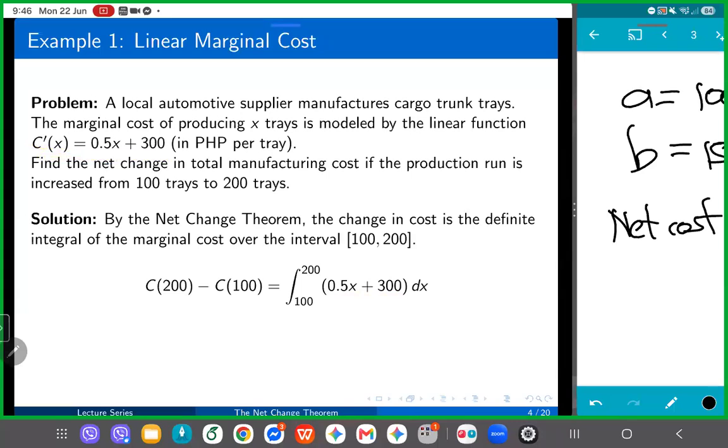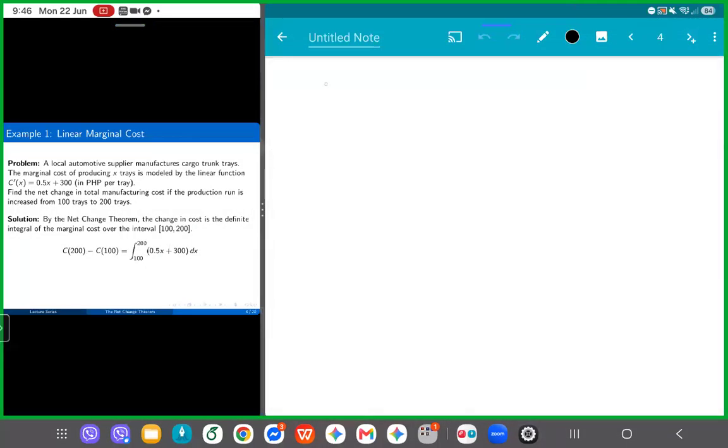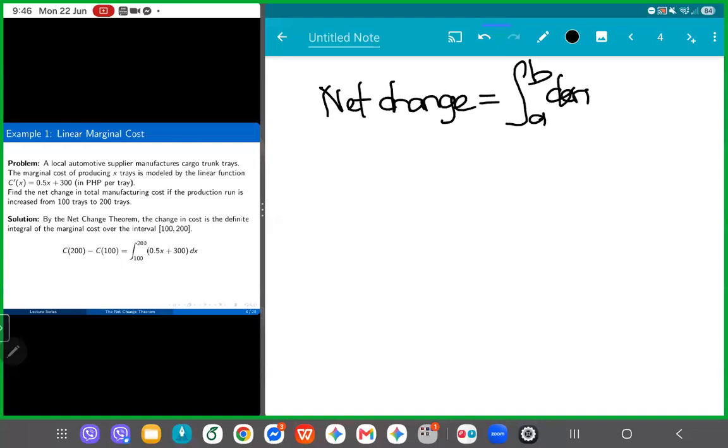So again, the net change equals the integral of the derivative, or the rate of change.